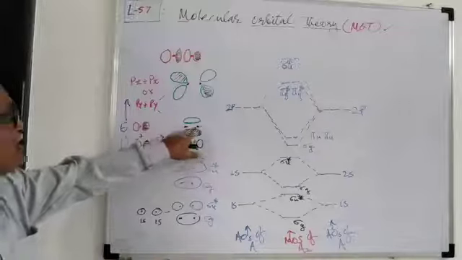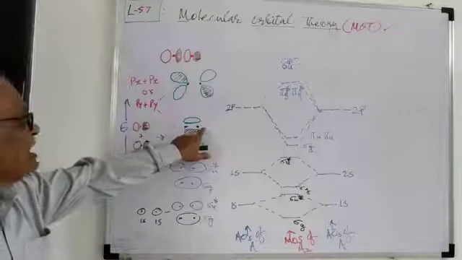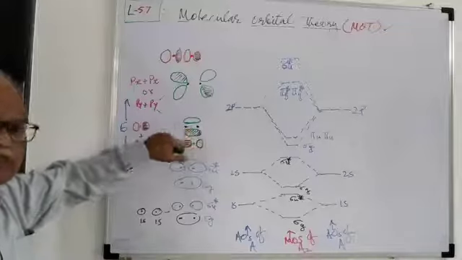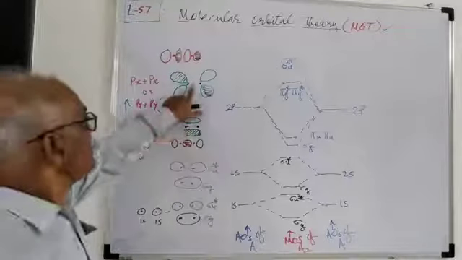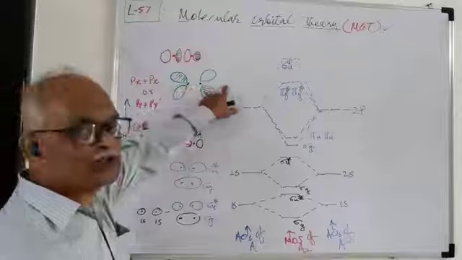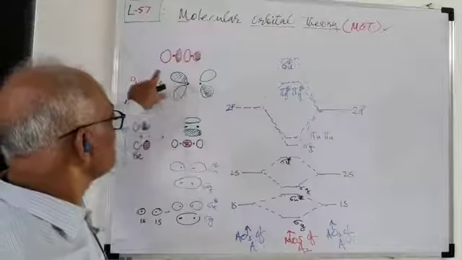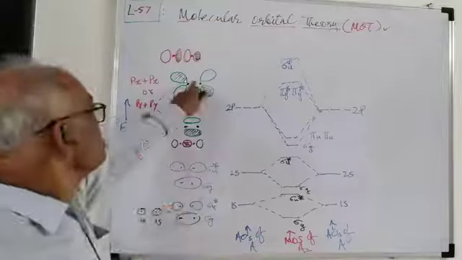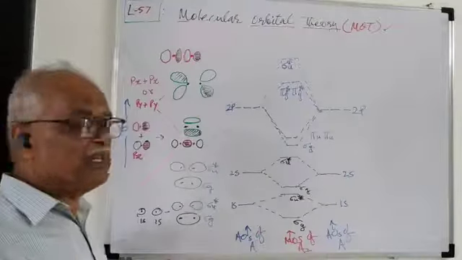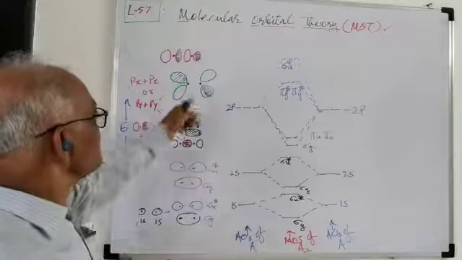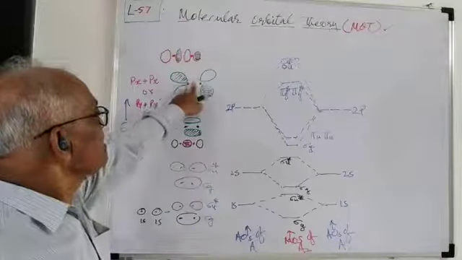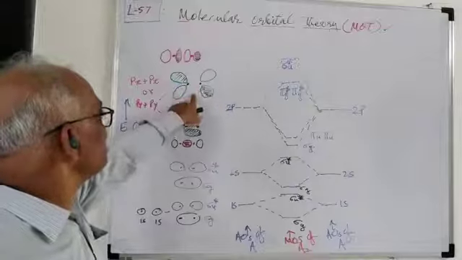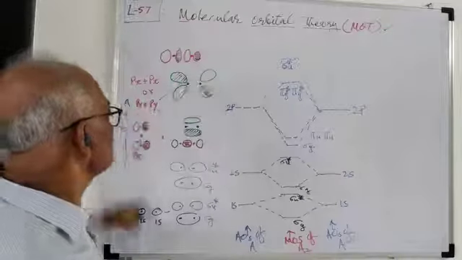For example, this is only one pi orbital having its electron cloud above the internuclear axis and below the internuclear axis. And in this antibonding pi nature of orbital, the electron clouds are repelled and they are moving away from the nuclei. So the electron density is here zero, and therefore this is called a nodal plane. So there is also one more node like this.